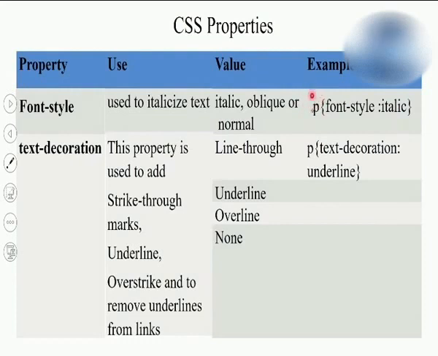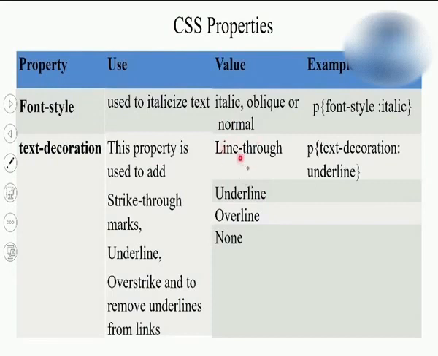So here the paragraph will become italic if you specify like this. Students, you need to specify this inside the style tag, in the head tag. Text-decoration is a new property which you can specify as strike through, underline and so on. Which are the values? You can specify line-through, underline, overline, or you can specify none.